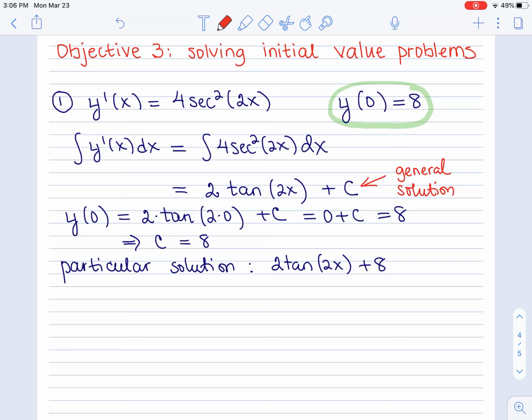The one that we found over here is the particular solution that's associated with this initial condition. So that's your first problem, where you have the first derivative and one initial condition.